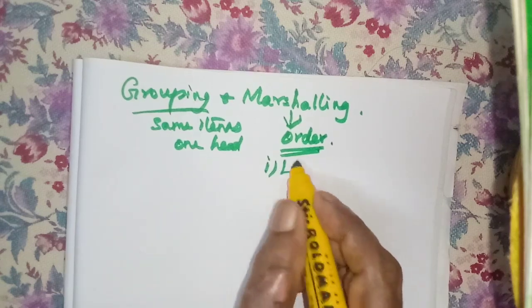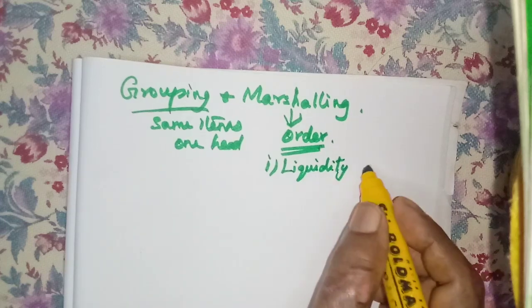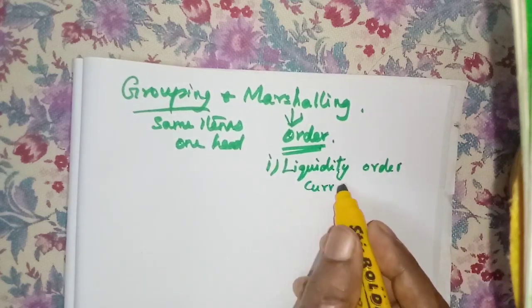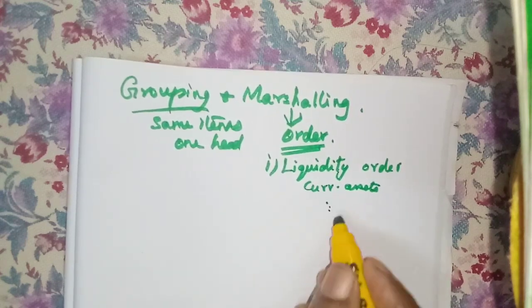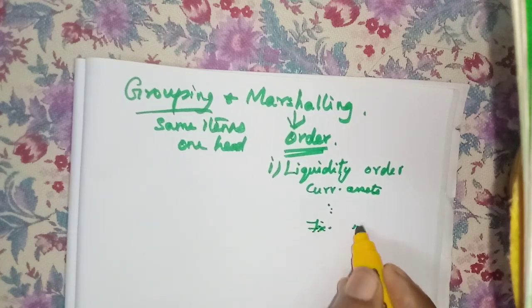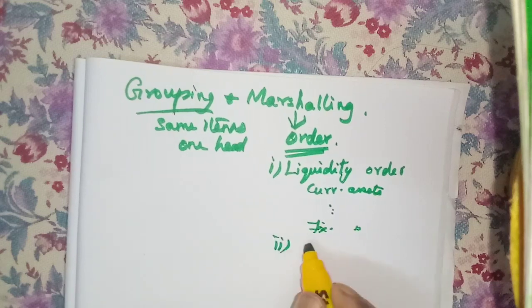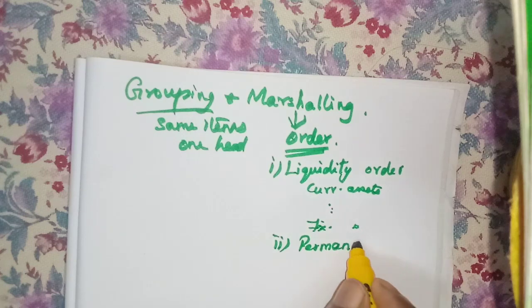Either the liquidity order, which means the asset that can be converted easily into cash. That means the current assets will be written first, and at last we will write the fixed assets. The other one is the order of permanence.